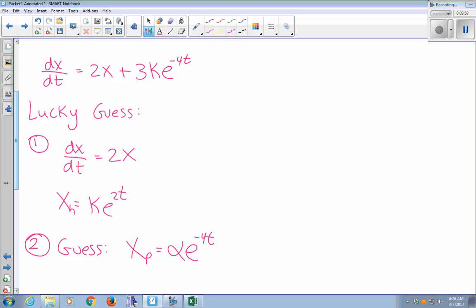So if that's my particular guess, I'm going to take this x function and put it into the dx dt equation. I'm going to replace this x with the function, and I'm going to figure out what alpha has to be to force that to be a solution.